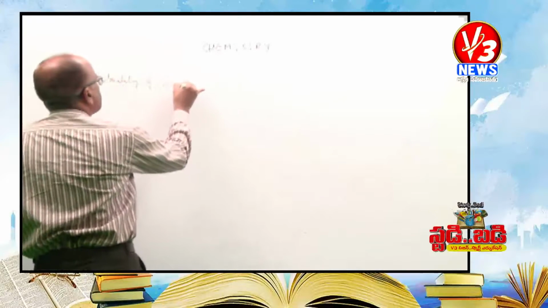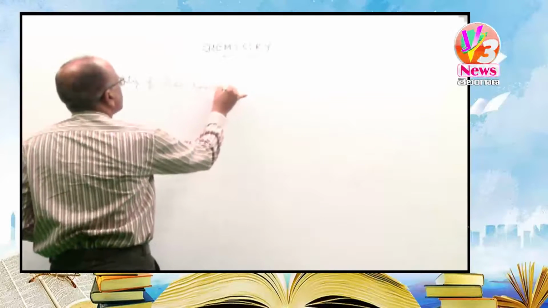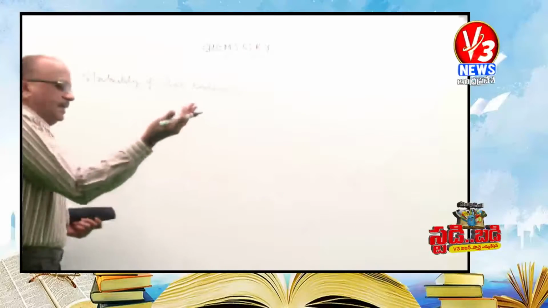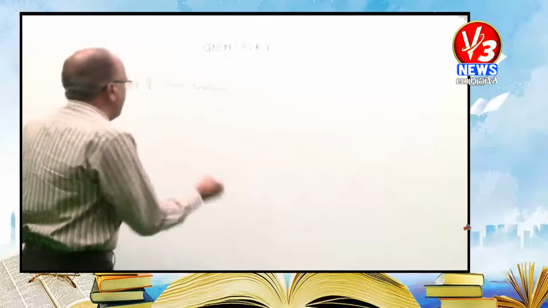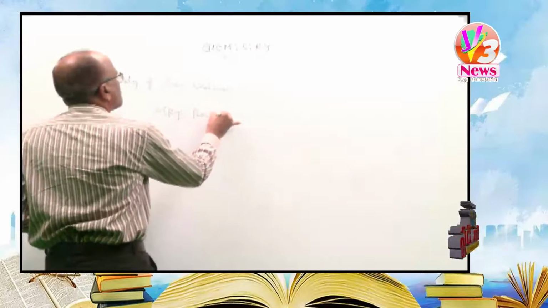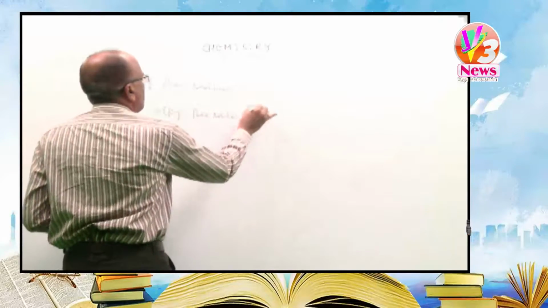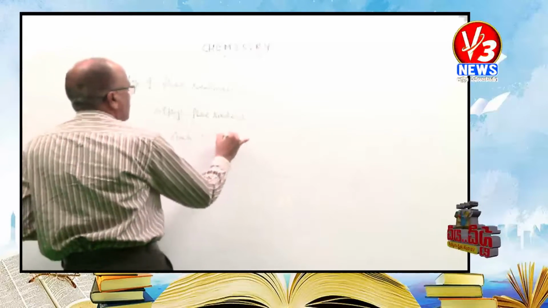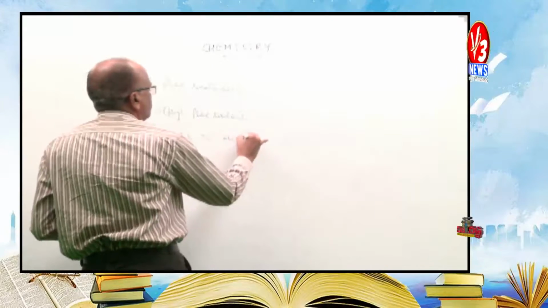Stability of free radicals. Again here if you take alkyl free radicals, stability is directly proportional to hyperconjugation, plus H. So, stability is directly proportional to hyperconjugation.